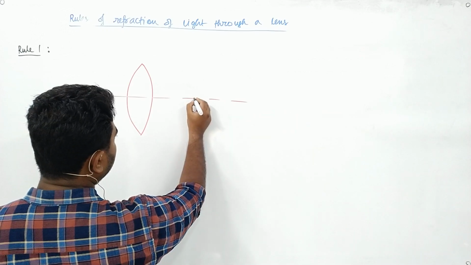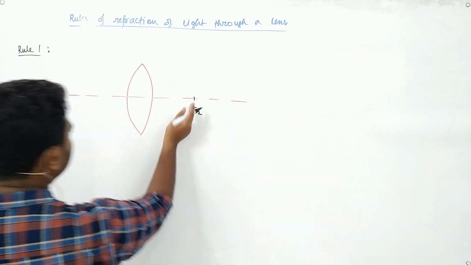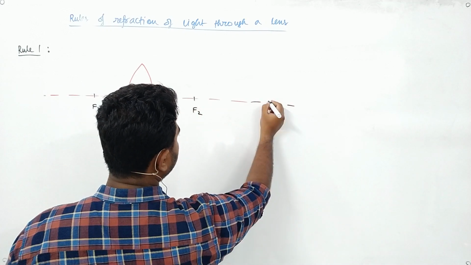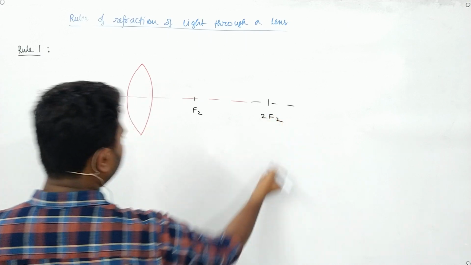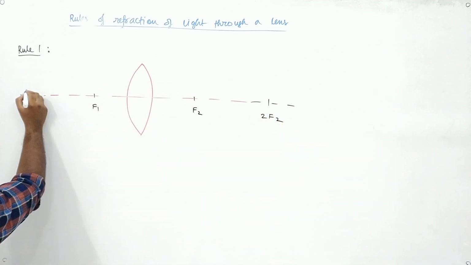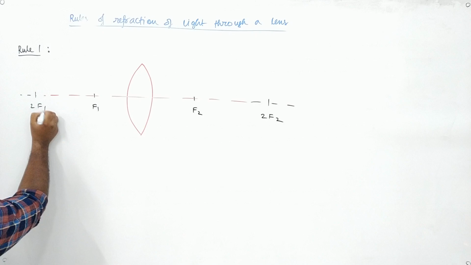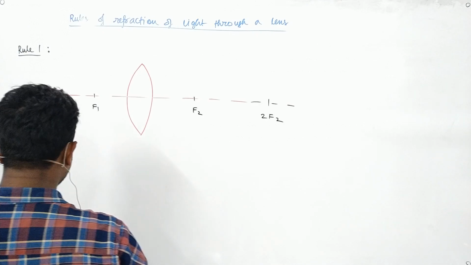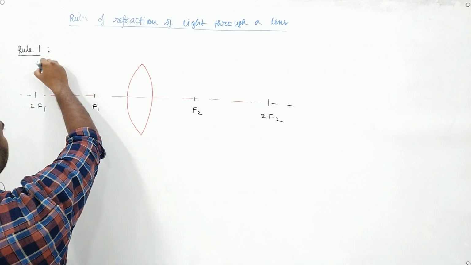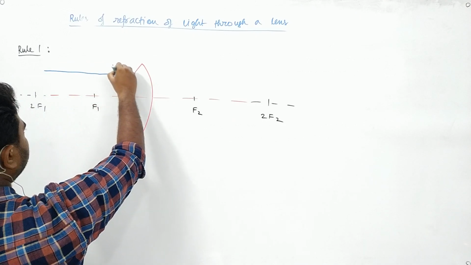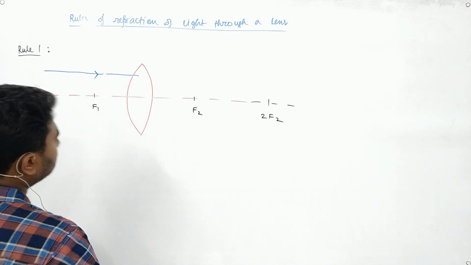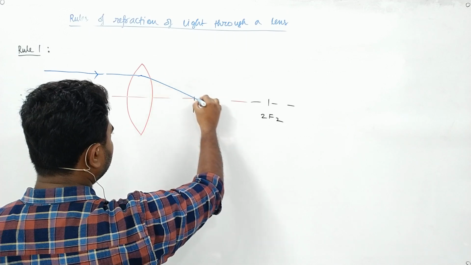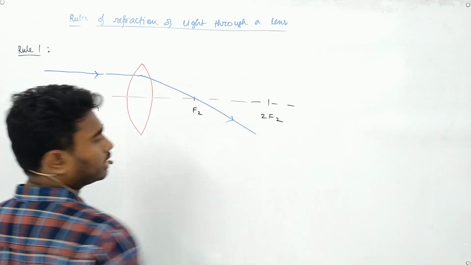See how I am marking. This is focal point 1, and at an equal distance on the other side is focal point 2. Double of this distance is 2 focal point 1, and double of this distance is 2 focal point 2. Okay, now it is saying that if a ray of light comes parallel to the principal axis, then after refraction this ray will pass through the second focal point.